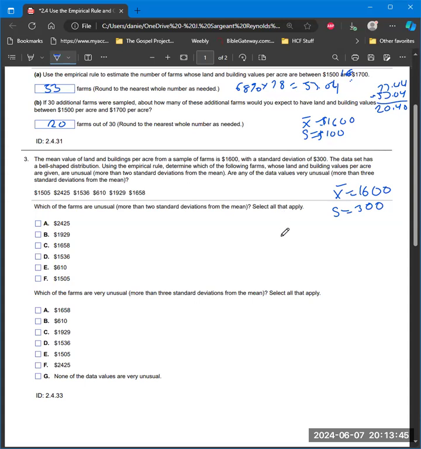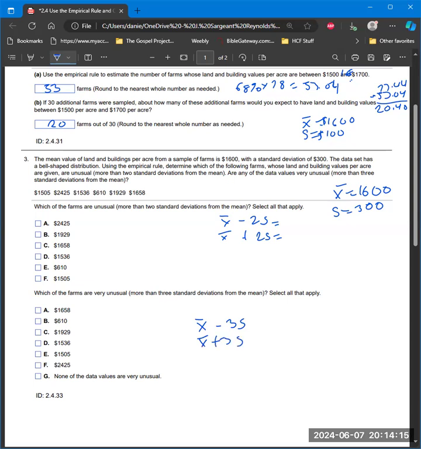Are any of these values very unusual, more than 3 standard deviations from the mean? So the first thing I'm looking for is 2 standard deviations away, minus and plus, and then for this one, minus 3 and plus 3 standard deviations.